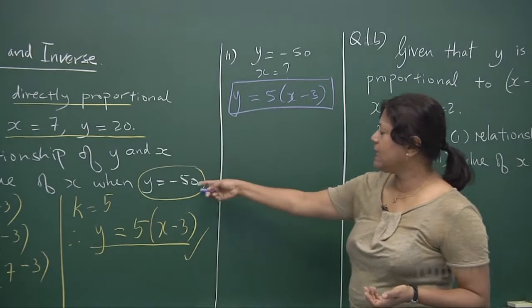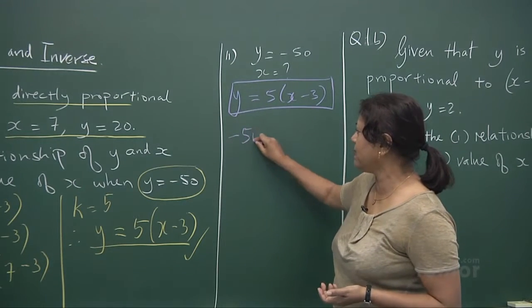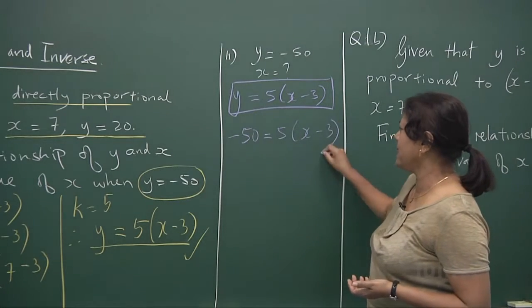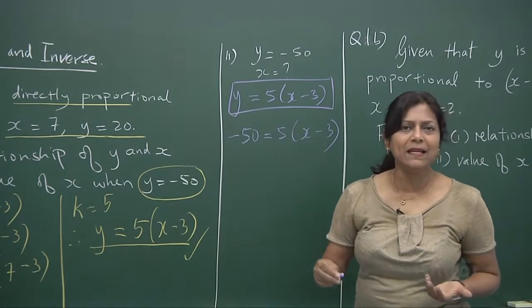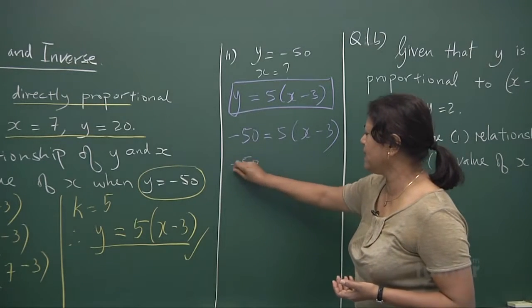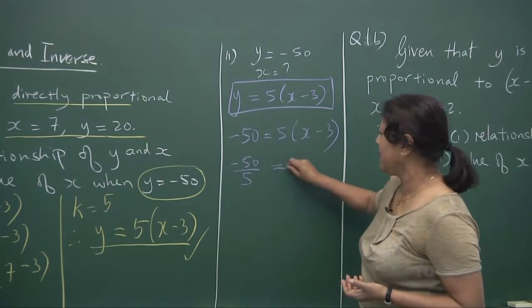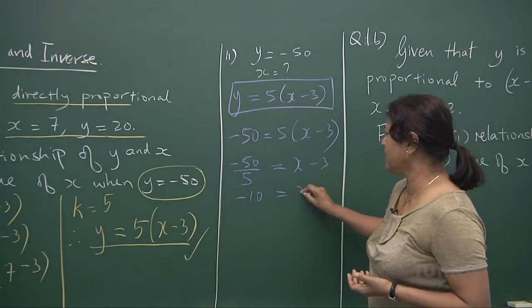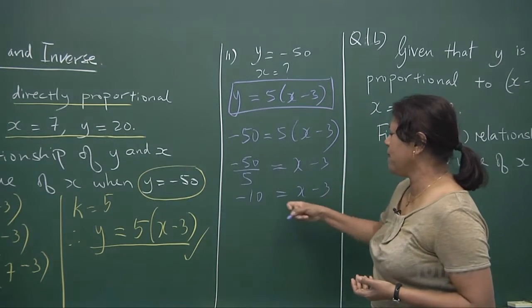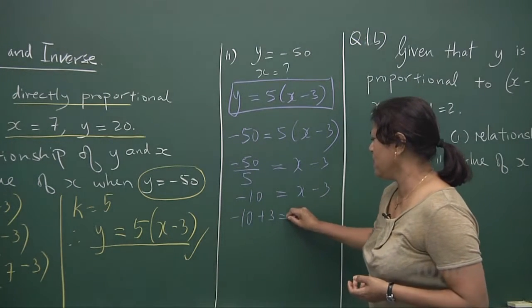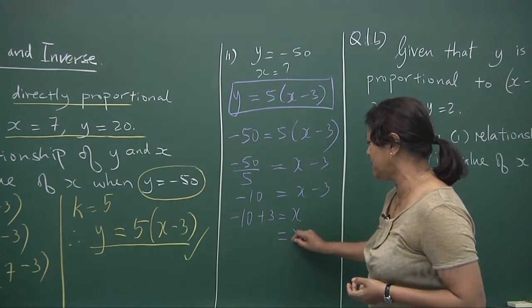But in this case, they give us y as minus 50. So what is x? We need to find out. Simple linear equation. Bring the 5 over, minus 50 times becomes divide, and then what do you get? Minus 10. So your x is going to be, bring the minus 3 here, minus 10 plus 3, your x is minus 7.